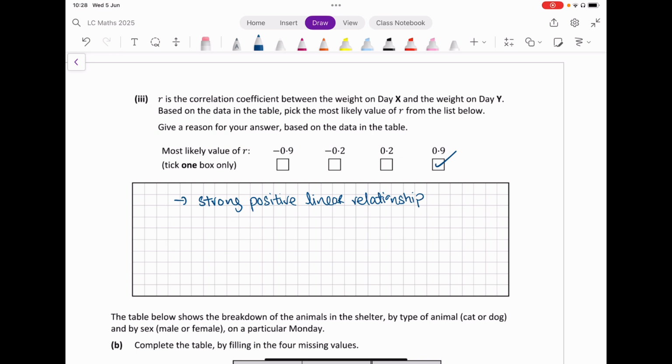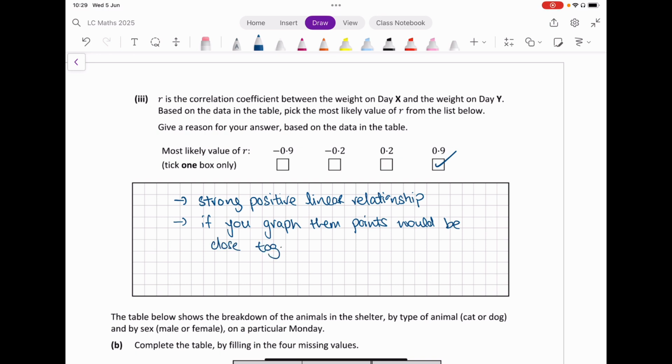You could say if you graph them, the points would be close together.